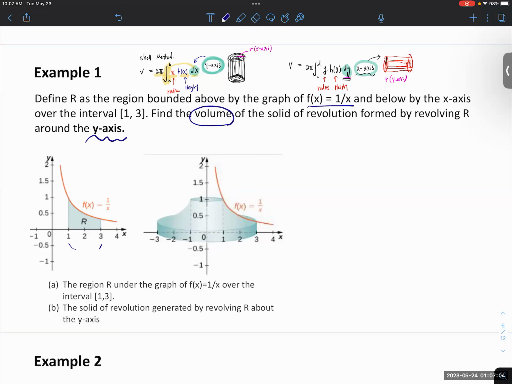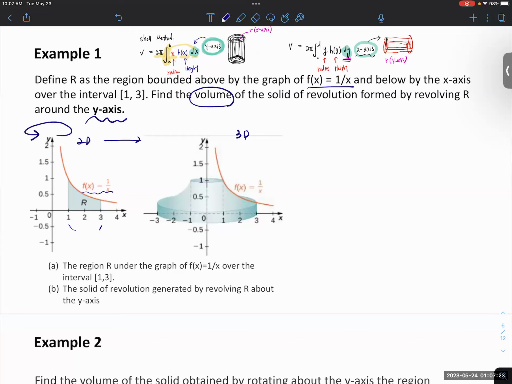Okay, so let's take a look at the image. This is the given function f of x equal to 1 over x. They're going to rotate this function about the y-axis. This is a 2-dimensional image. If you look at the 3-dimensional image, it's going to look like that. So what happens is, when you rotate this function around the y-axis, you're going to have an infinite number of cylinders.